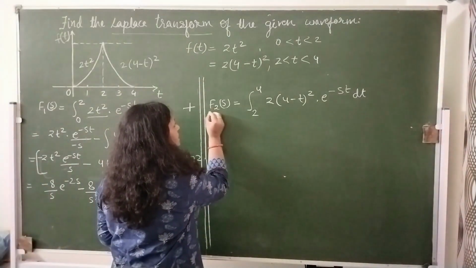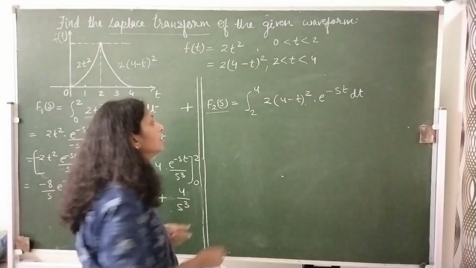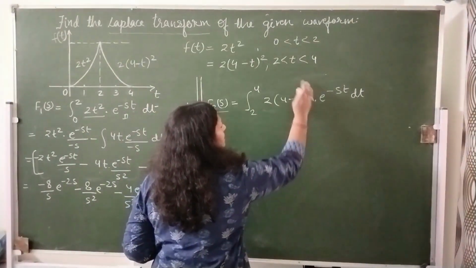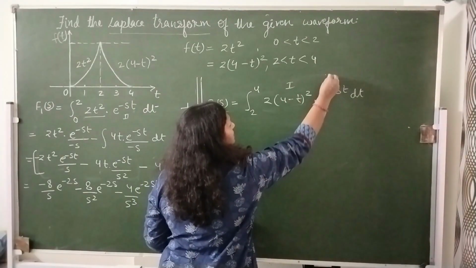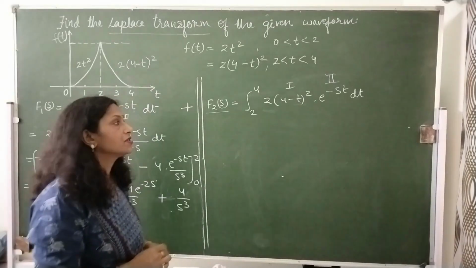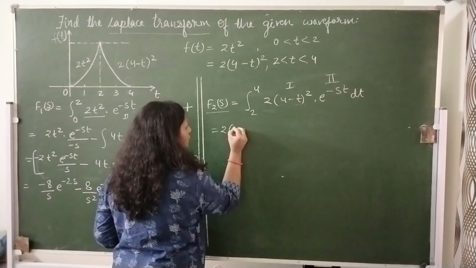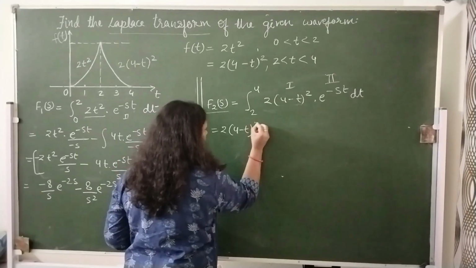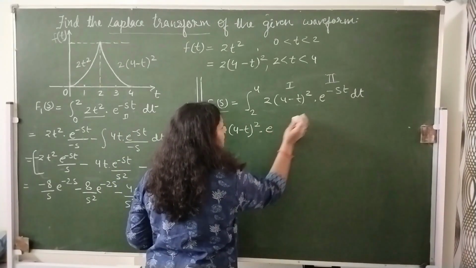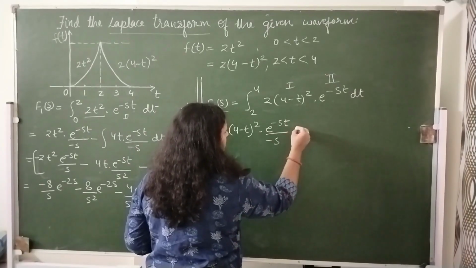Now we come to the second function, the Laplace transform of the second function. This function is again treated as first function, and this is the second function for the integration by parts. This function will come as it is, 2(4 minus t) whole square, and integration of this will become this one.